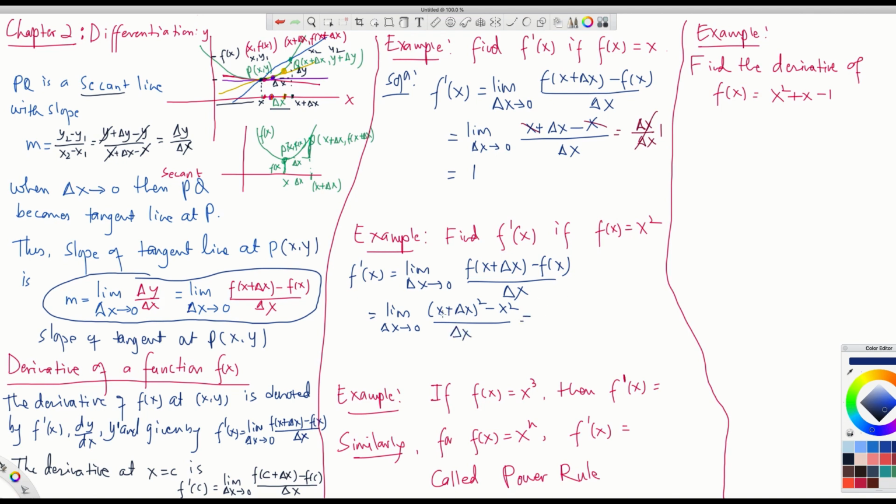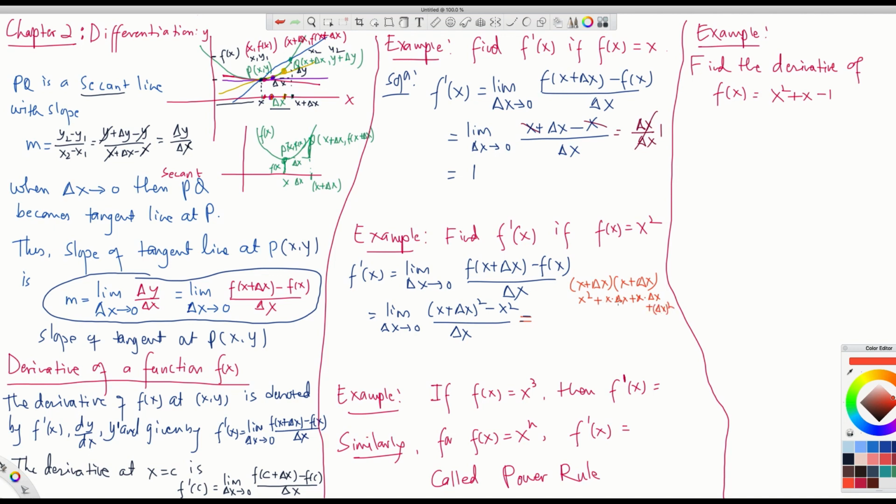Now how do I simplify the top? You simplify the top by foiling it. It is like (x plus delta x) times (x plus delta x). So how do you do that? It is x squared plus x times delta x plus x times delta x plus delta x squared, right?